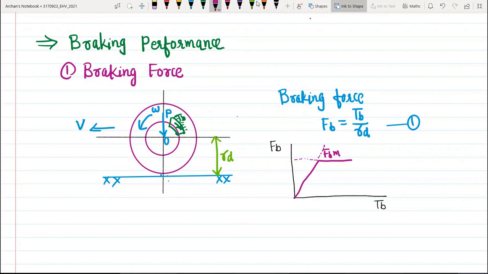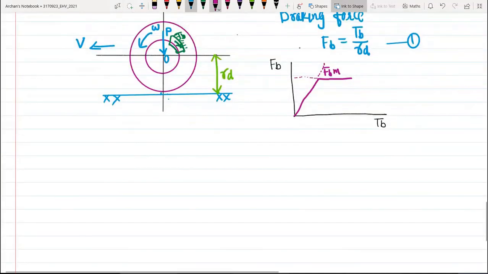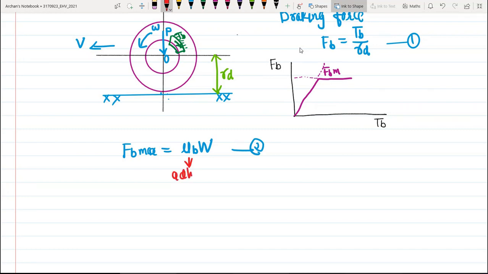This maximum braking force is limited by the adhesive capability, which is expressed as FB max, and this FB max is given by mu B into W. Here this mu B is the adhesive coefficient of the tire ground contact.